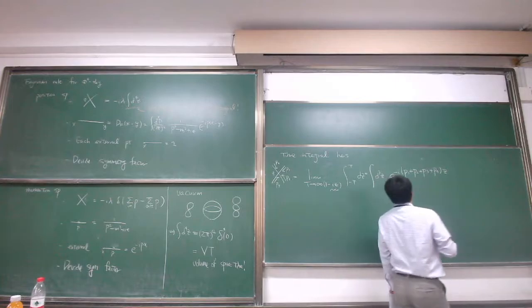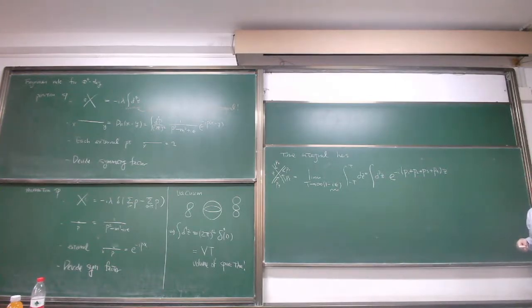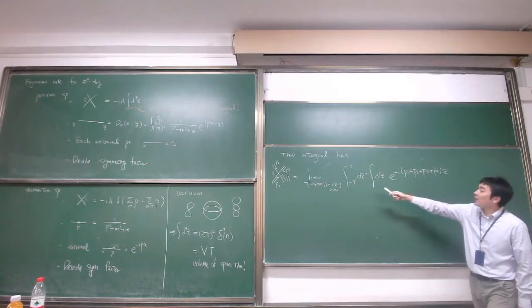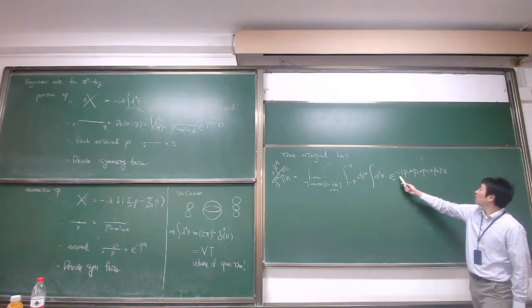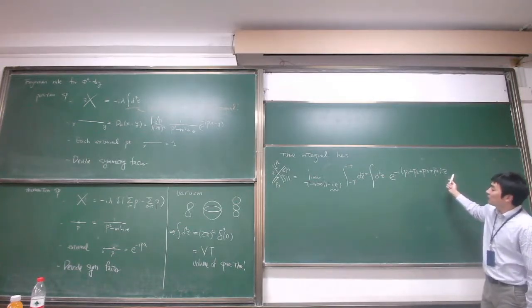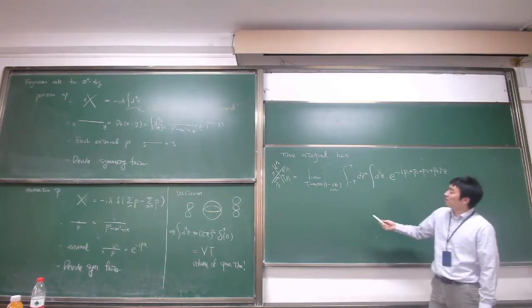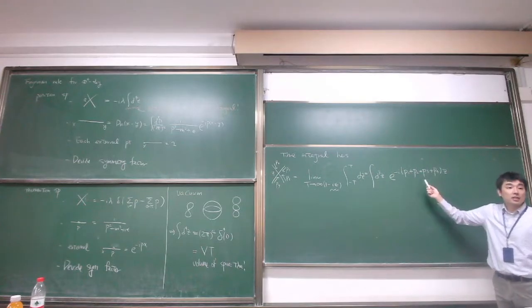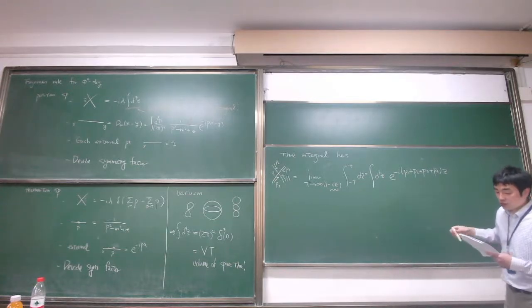Because if you have i epsilon, multiplying by minus i epsilon you get minus epsilon times infinity. Either t goes to infinity or minus infinity, this part is problematic because of the exponential blow up.